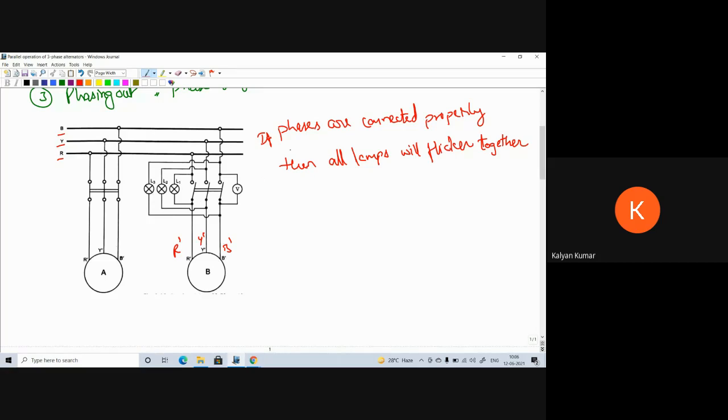Whenever the frequency or phase angle is slightly different, current will flow through the lamps in the local circuit. Due to the flow of that current, the lamps become bright, and the current is not constant. The current continuously changes with the change in load angle or phase angle of the voltages.